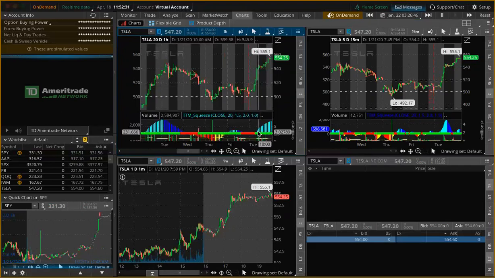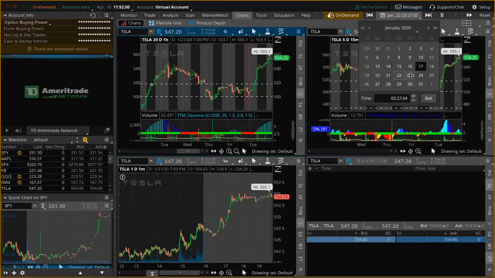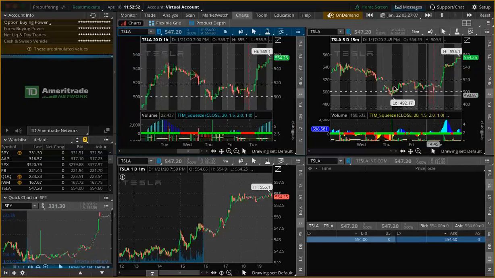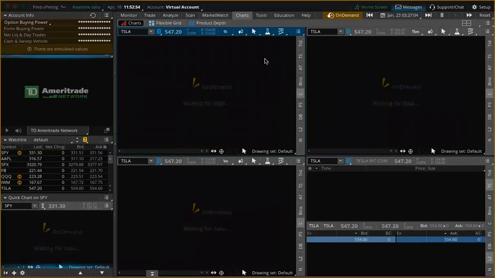And we got the light blue histogram bars pointing to the upside, which is a clear indication that we're going higher. And I played calls here. And as you can see, we got a huge move. This is a play I took back in January. I think this was for like 7.7K.